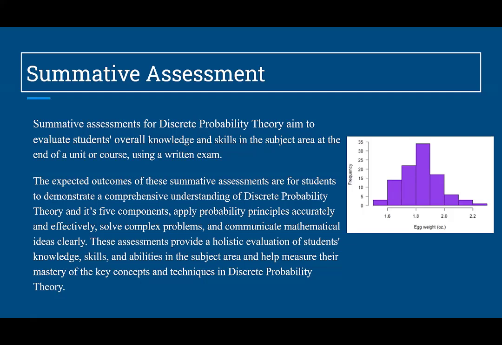These assessments provide a holistic evaluation of students' knowledge, skills, and abilities in the subject area and help measure their mastery of key concepts and techniques in discrete probability theory. The teachers, when using summative assessments, also have an opportunity to go back and refine for future use.